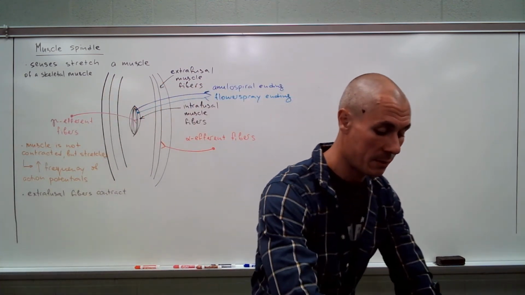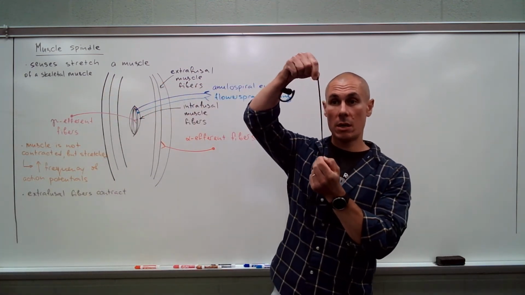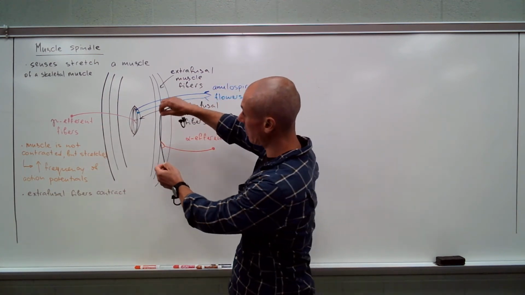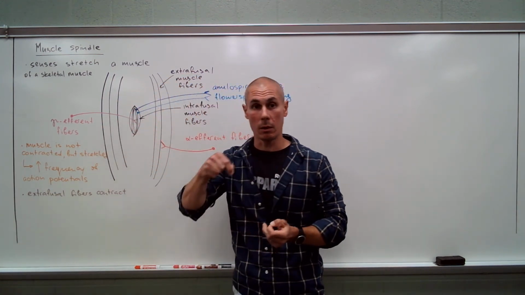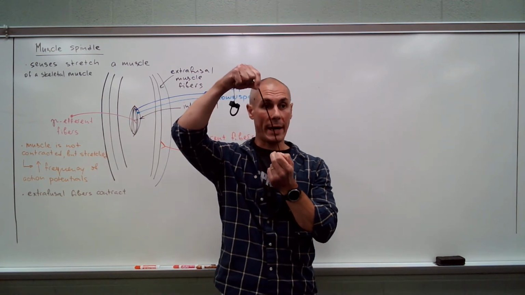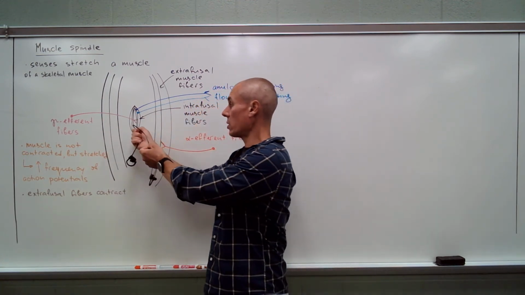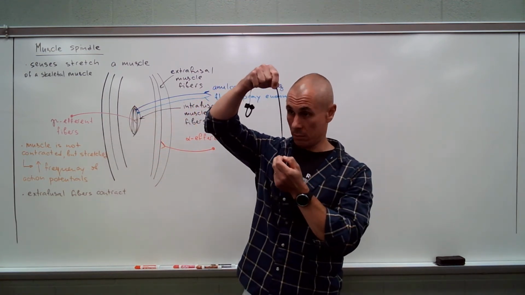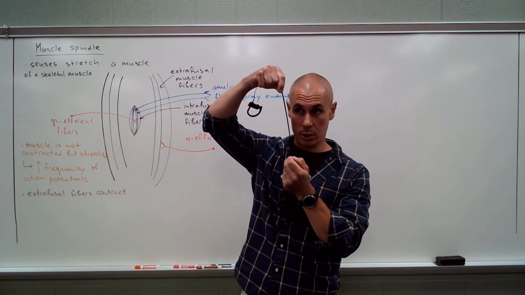So imagine that my fingertips represent the ends of the muscle spindle, and the wire between them represents intrafusal fibers. You on board? Good.